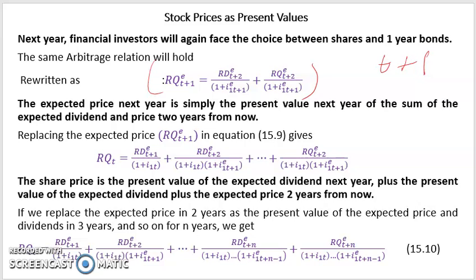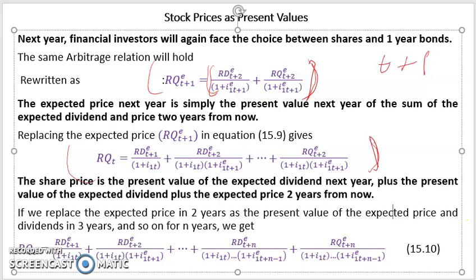So it tells us that the expected price next year is simply the present value next year of the sum of the expected dividend and the price 2 years from now. And we can substitute this expression of the expected price in equation 15.9, and doing so gives us a further expression of the discounted dividends and price.